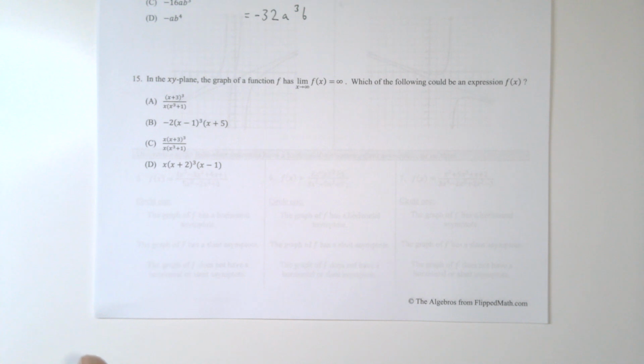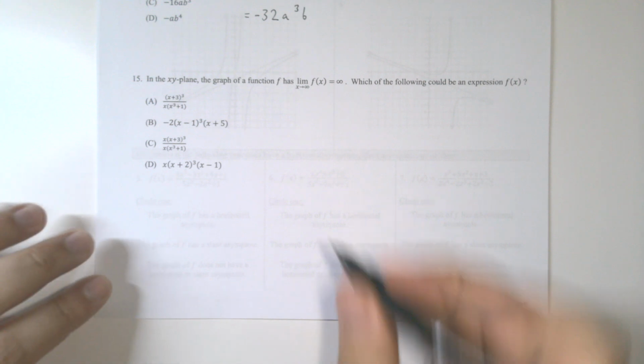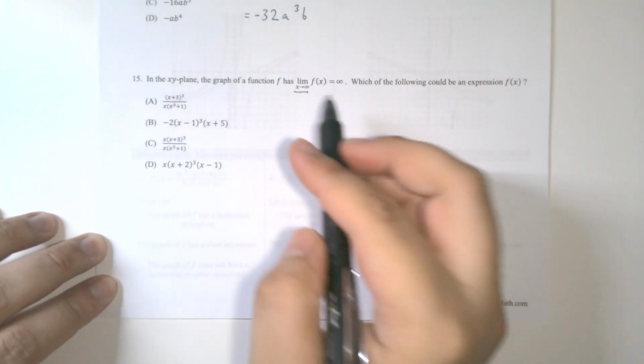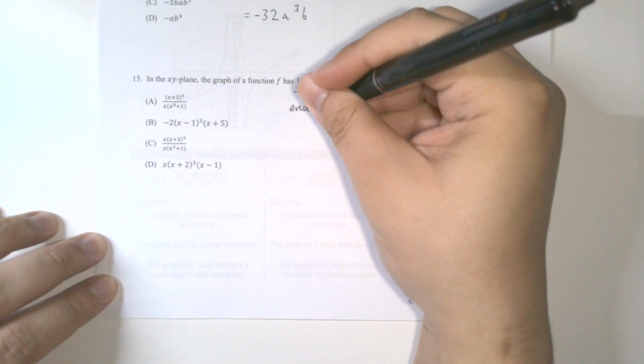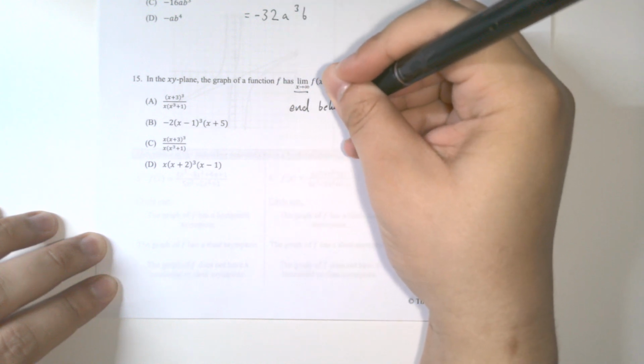And now the last one, we have 15. Let's see. In the xy plane, the graph of a function f has the limit of f of x as x approaches positive infinity is equal to positive infinity. What following could be an expression for f of x? So what is that saying? It's basically meaning, as x goes towards positive infinity, that really means the end behavior.